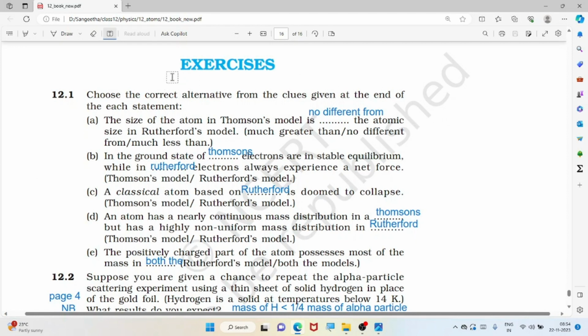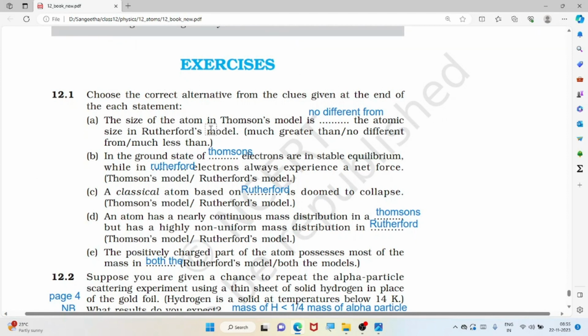Okay, exercise. Choose the correct alternative from the clues given at the end of each statement. The size of the atom in Thomson's model is no different from the atomic size of the Rutherford model. The Thomson model and Rutherford model do not differ in terms of the size of the atom.